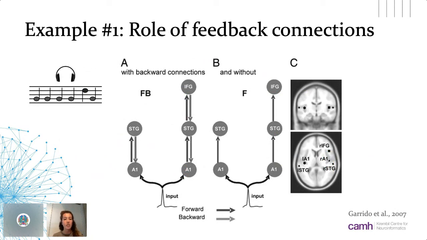Based on previous literature, the authors assumed these 5 sources, and they compared 2 models, both with the same source architecture but varying in the presence of backward connections. It's important to note DCM is a hypothesis-driven method. It doesn't explore all possible models, but instead tests specific mechanistic hypotheses, defined in terms of specific connectivity models.